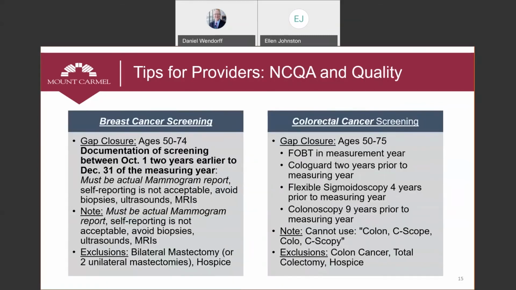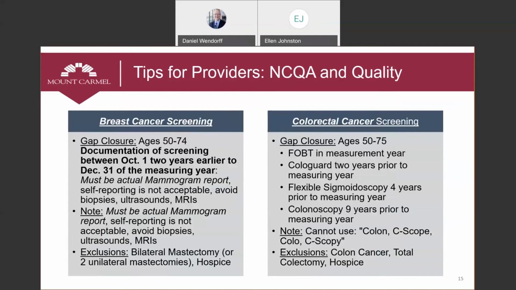Although not specifically related to HCC, we would like to now address a few clinical quality gap closure tips for neoplasms, especially since we are coming closer and closer to the end of this calendar year.